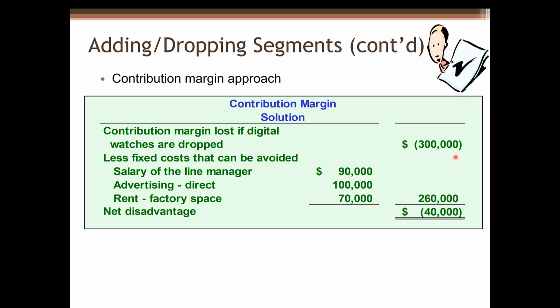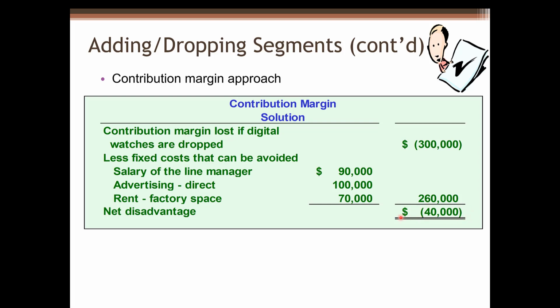$300,000. Fixed expenses, which can be avoided, include salary of the line manager, advertising, and rent. Total fixed costs, which are avoidable, are $260,000.